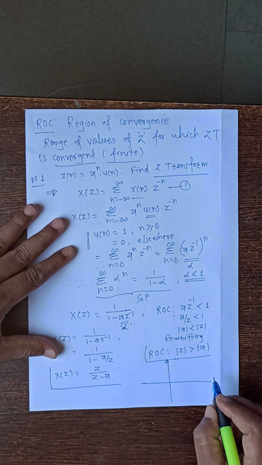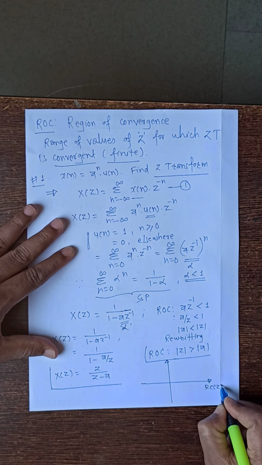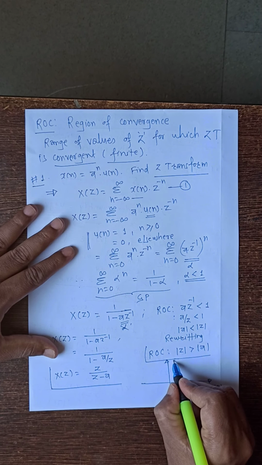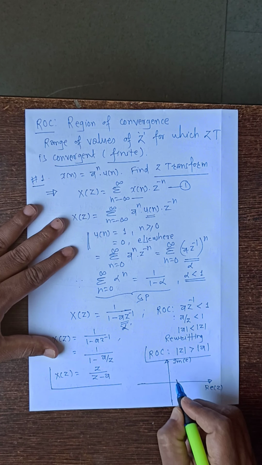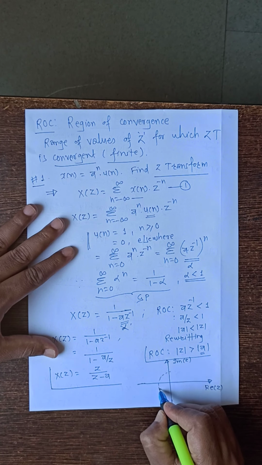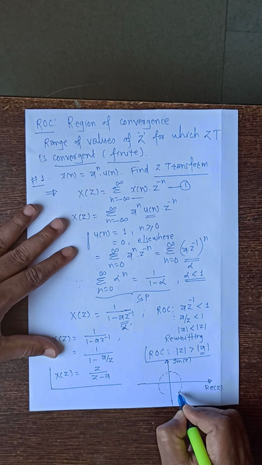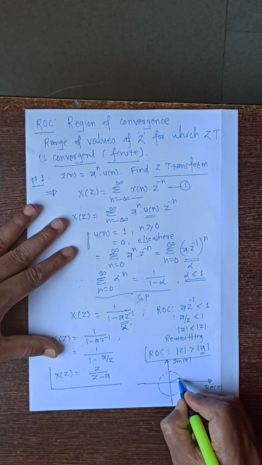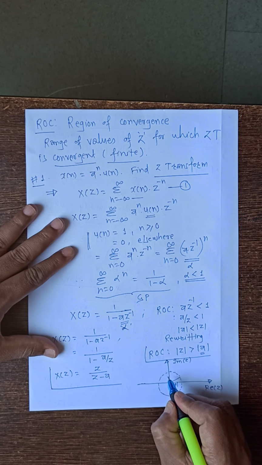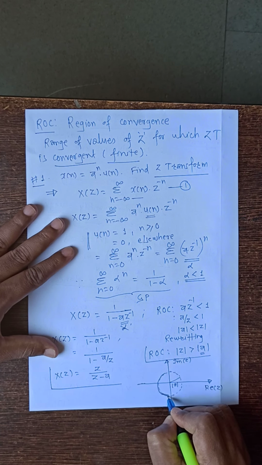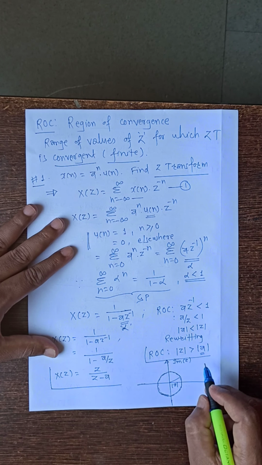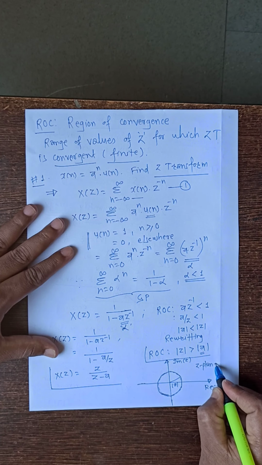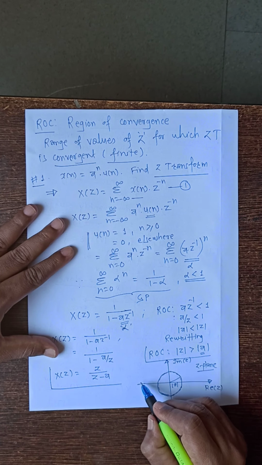You can draw the ROC like this. This is the real part of z, and this is the imaginary part of z. We have seen the z plane is nothing but a circle. In this case the radius is equal to magnitude a, so this is the circle of magnitude a. And what is the ROC? The ROC is magnitude of z, in the entire z plane, greater than magnitude of a.